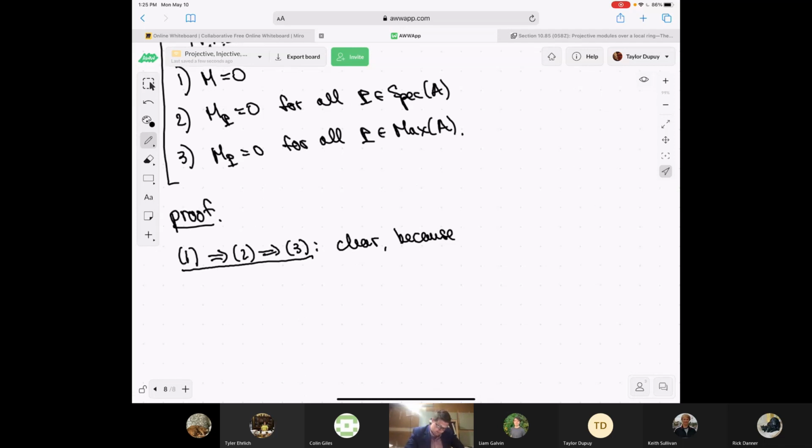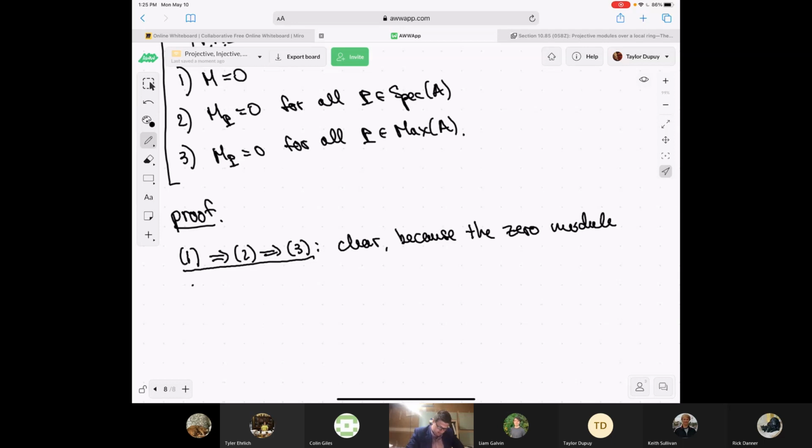So it has to map to 0 under localization.